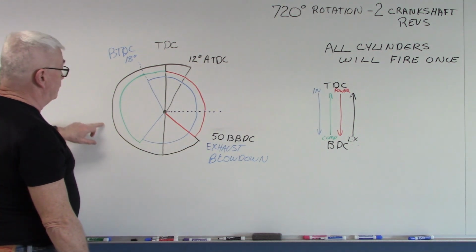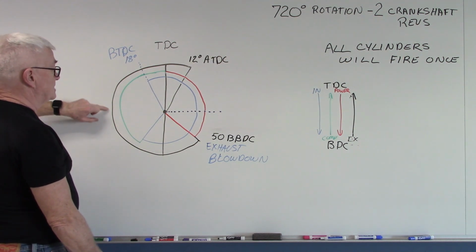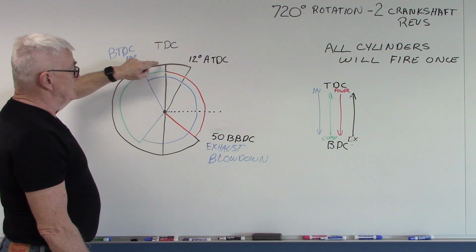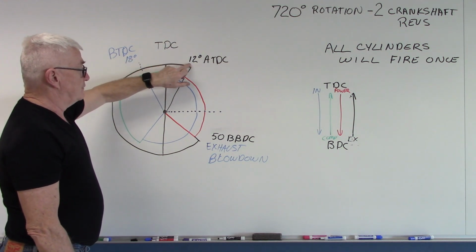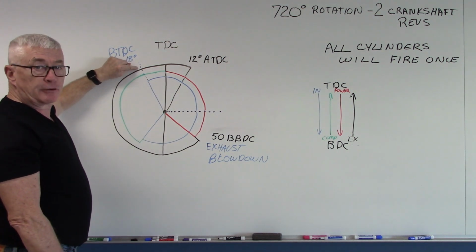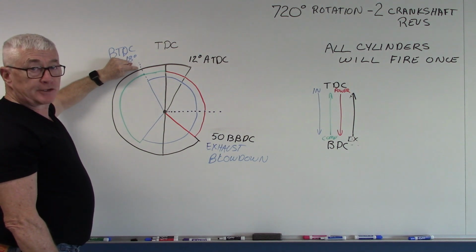We move around. My piston after bottom dead center is now acting as a pump. It is driving the exhaust gas out, and we're going to keep moving my piston up, and hold that exhaust valve open until we get here. But if we come back to this, 18 degrees before top dead center, my intake valve is opened.